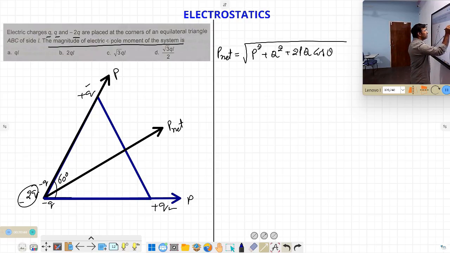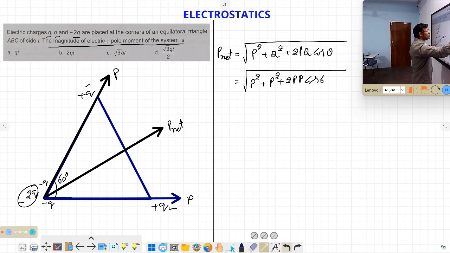If you apply it here, in the place of P we have the dipole moment P, so P square. In the place of Q we also have the dipole moment P, that is also P square, plus 2 into one of the dipoles P, the second one also P, into cos of the angle. What is the angle between these two? 60 degrees from the triangle. So if you solve this, cos 60 is how much?